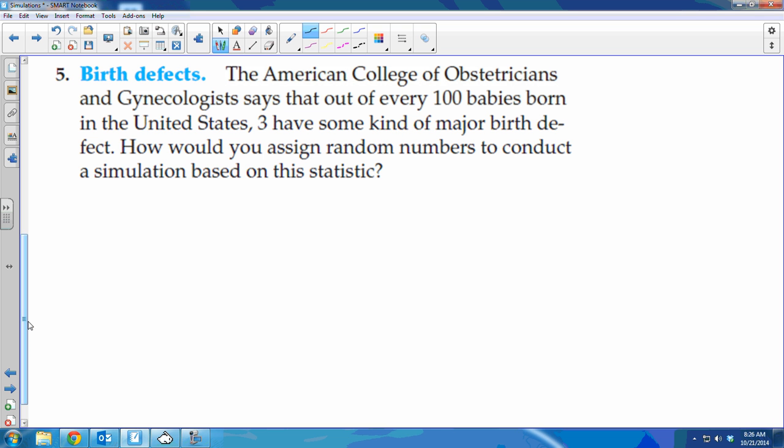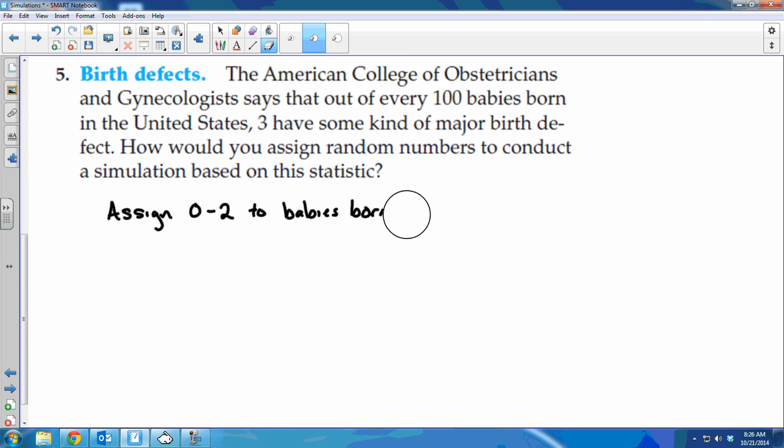All right, we could assign 0 through 2 to what? Babies born, that's not how you spell born, with birth defects.